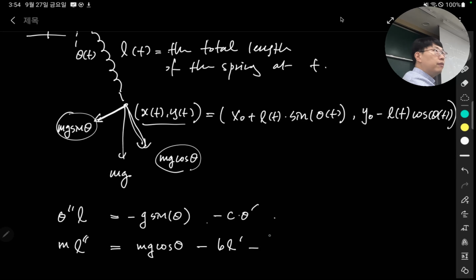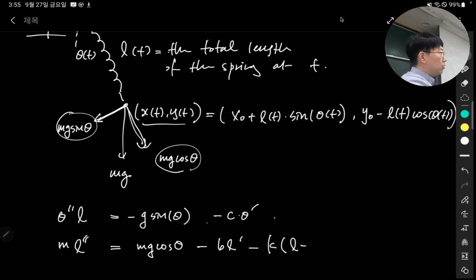And how about the spring force? How much is the spring force? So k times what? Is it L or L minus something? Okay, so L(t) minus l.